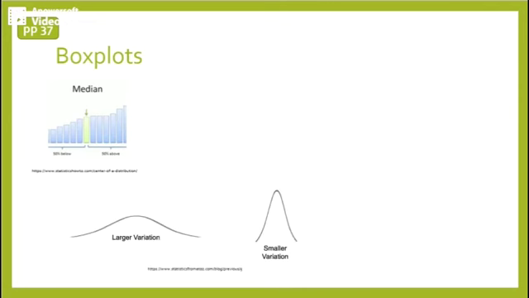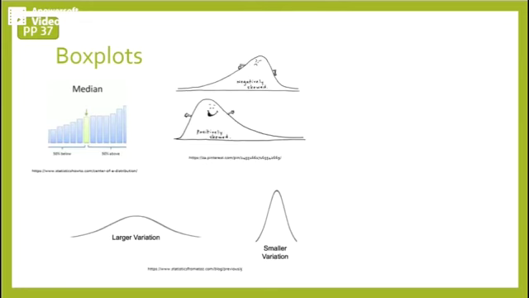Next, we're going to have a look at box plots. Box plots can be used to define some of the most prominent features in a data set. The first feature that can be displayed by a box plot is the center, that is the median. The second is the spread of the data.